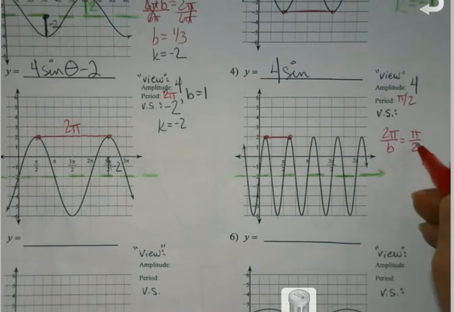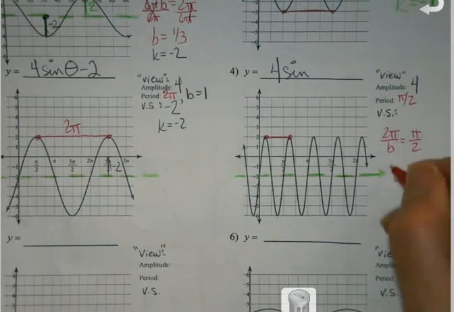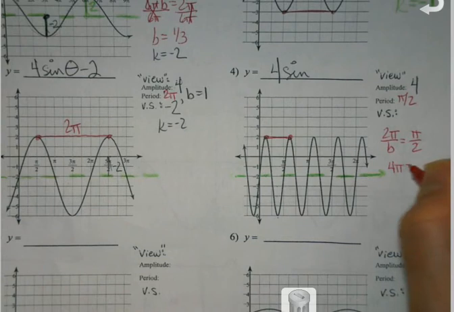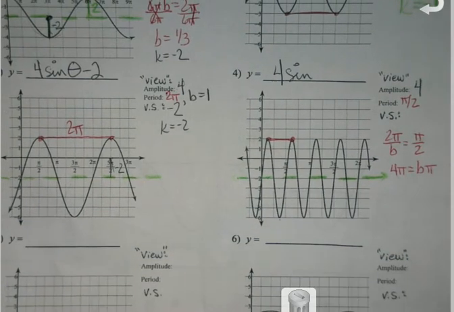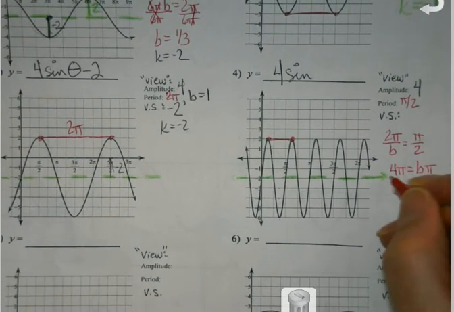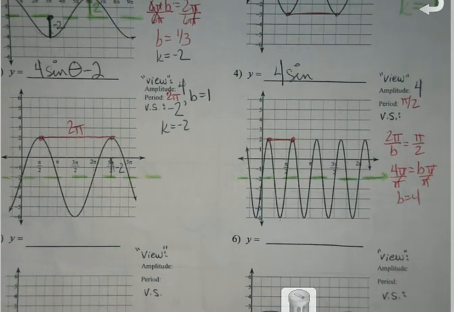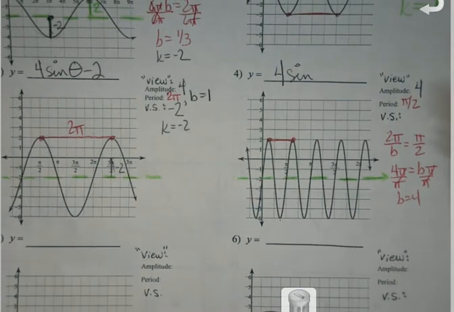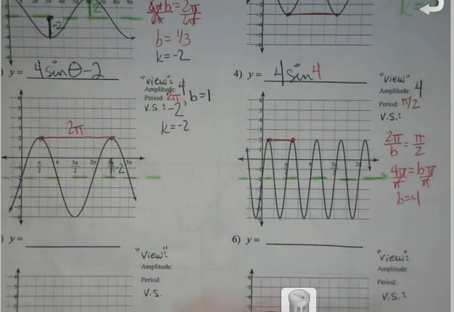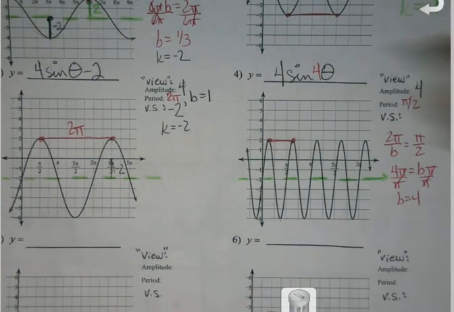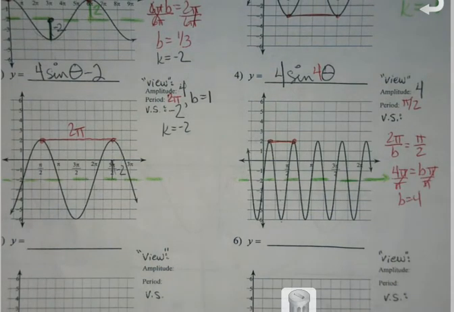So if I cross multiply, 4 pi equals pi b, and I'm like, oh, they each have a pi. Isn't that convenient? So my b value is going to be 4. Which makes sense because that bigger value here means my graph squishes. The bigger the number, the more it squishes.